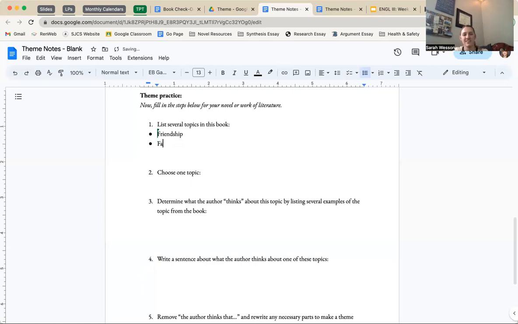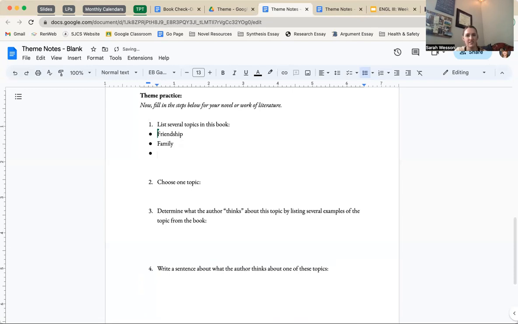Okay, how about family? Right? Tree Ear is really sensitive about the fact that he doesn't have a family. Sort of, but he does. He has an adopted family. There's, let's see, there's honor present in the book, right? They talk a lot about honor and prestige.